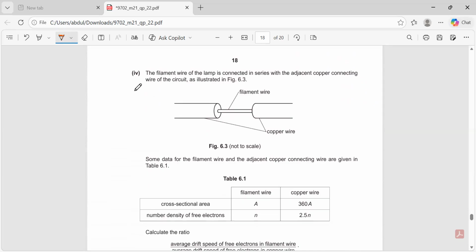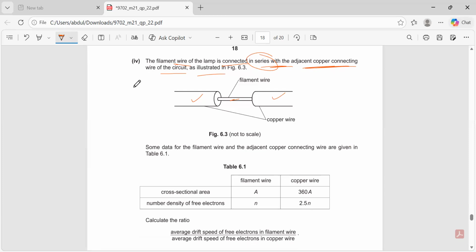Yes. Okay. Good. Alhamdulillah. The filament wire of the lamp is connected in series with the adjacent copper connecting wire of the circuit as shown. Okay, they are connected in series. This is copper and this is filament wire. They are in series. It means currents through them will be the same. Some data for the filament wire and the adjacent copper connecting wire are given in table 6.1.